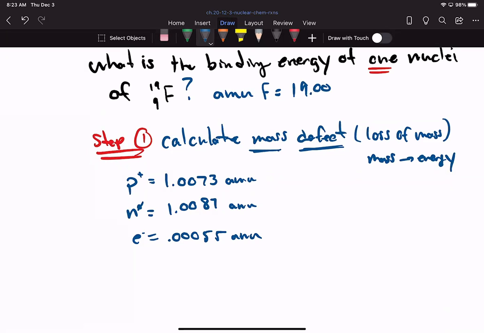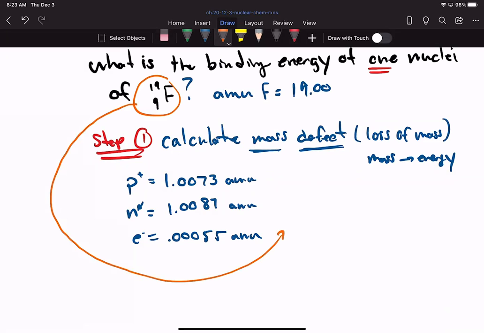So now we're going to add all of this up, right? Let's go ahead and calculate that out using these values here. Remember this, right?